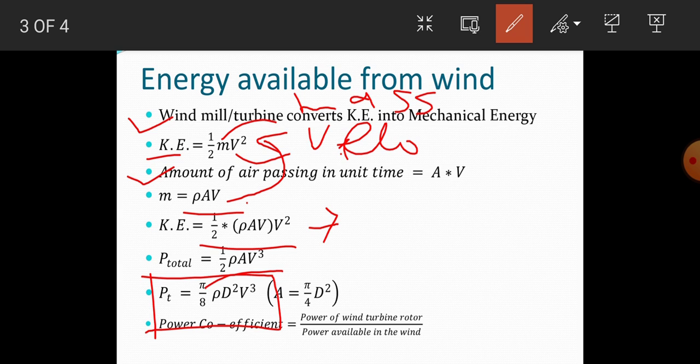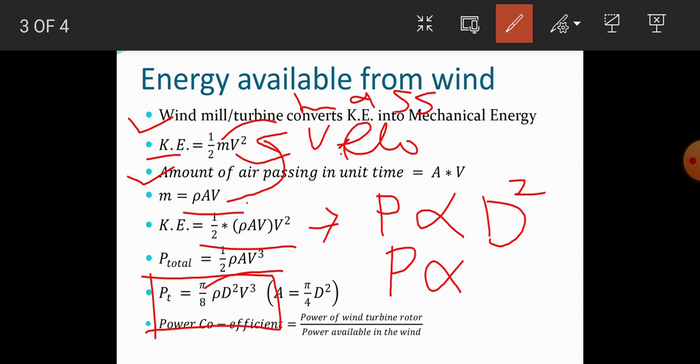So from this equation it is clear that power P is directly proportional to the square of the diameter of the swept area, P is proportional to d square, and P is directly proportional to velocity cube. The combined effects of wind speed and rotor diameter variation are shown in the next slide.